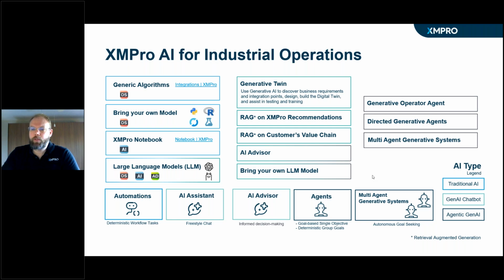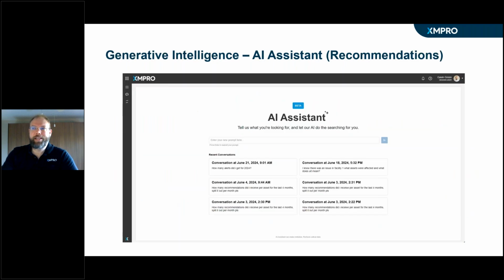Before we jump into the advisor, let me just touch on the AI assistant. From an AI assistant perspective, there are a few different pieces in XMPro where you can use an assistant. The first is around recommendations. Currently, the AI assistant that you see here is in beta, where you can have a discussion and a conversation with the assistant around the recommendations.